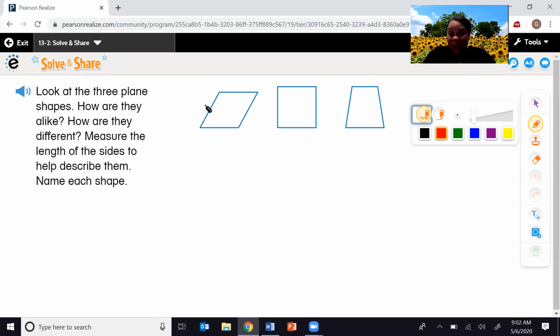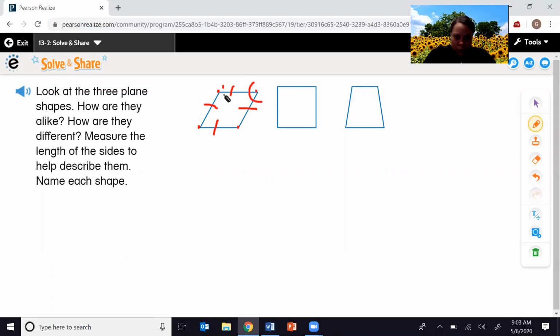So I'm going to go ahead and start marking. 1, 2, 3, 4. So far, you're noticing that it has 4 sides, vertices, and angles, all of them.